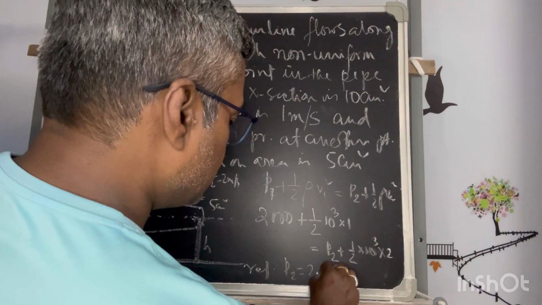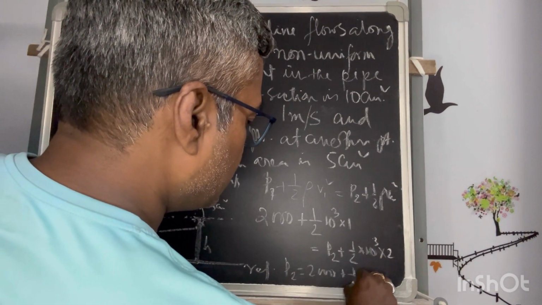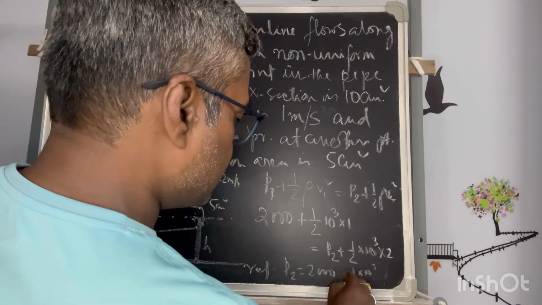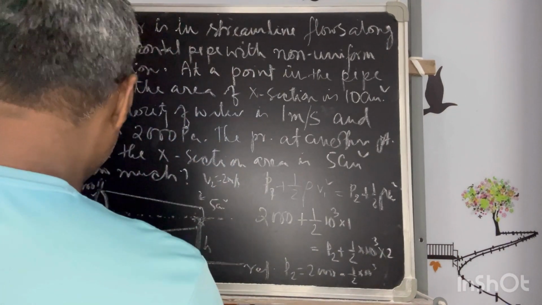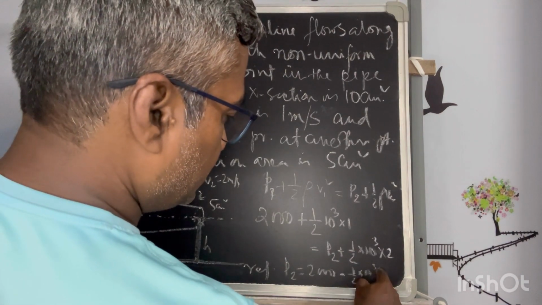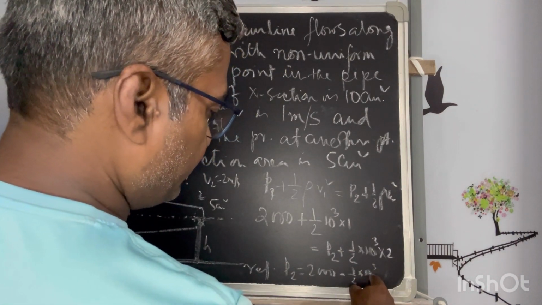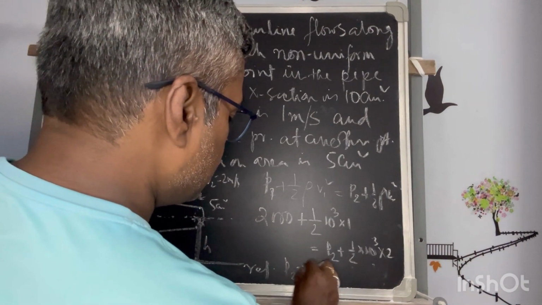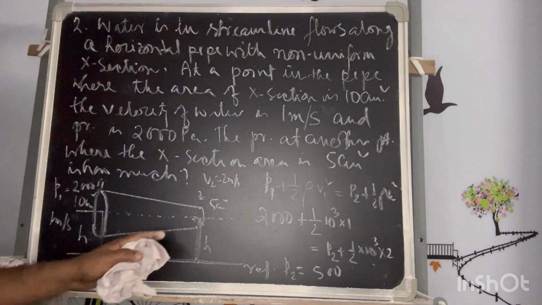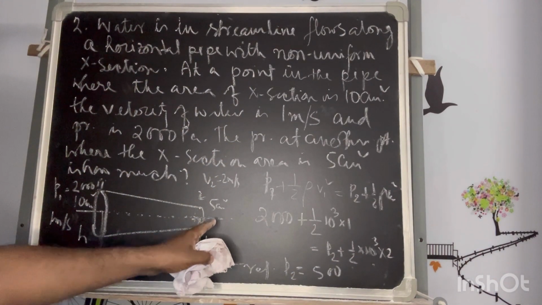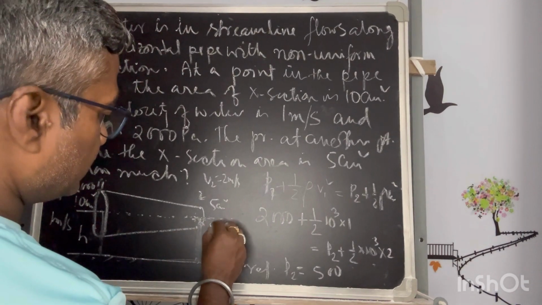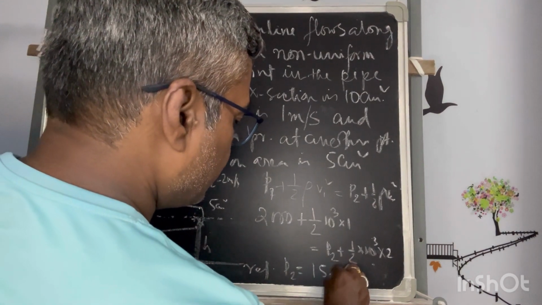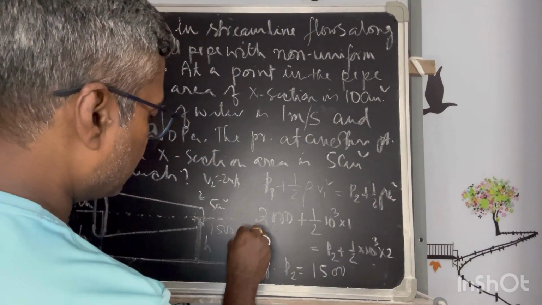P2 is equal to 2000, plus half into 10 to the power 3, and this will go to the other side, so it will be a minus, because 1 minus 2 square. So half of 10 cube means 500, and 2000 minus 500, sorry, this is 1500. So I will get 1500 Pascal here.